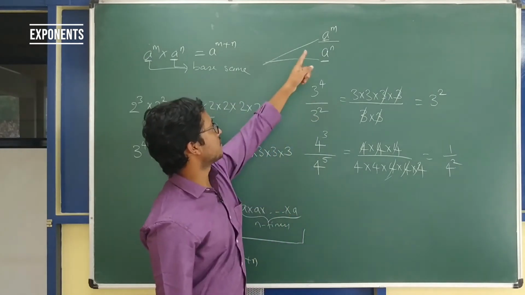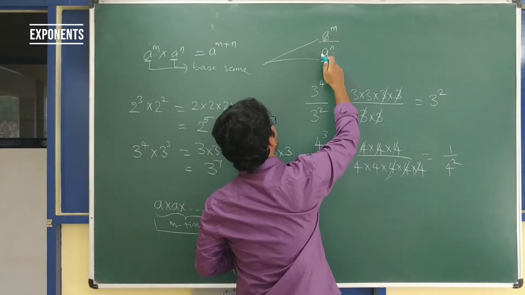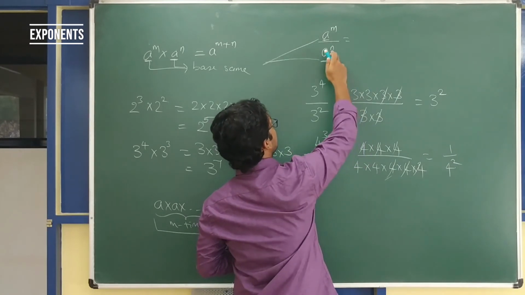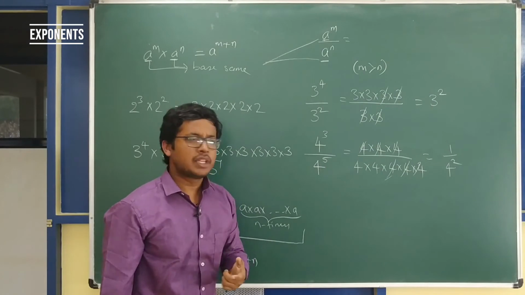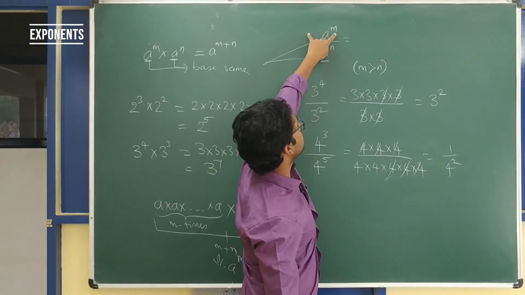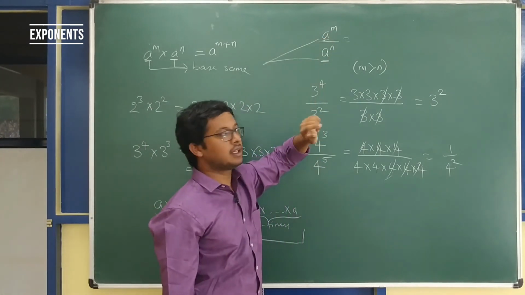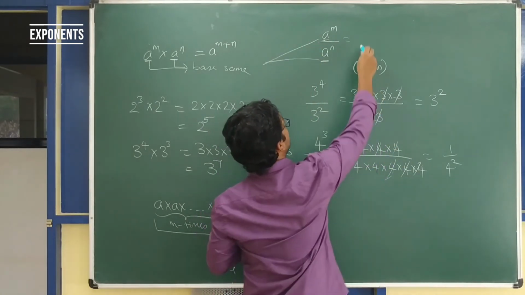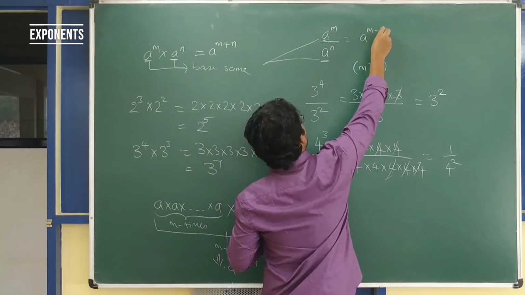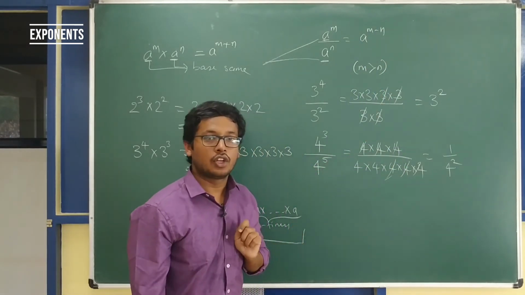So let's generalize this one. If I have to generalize a raised to m divided by a raised to n, there are two cases here. One case is that m is greater than n, which means there are more a's in the numerator than the denominator. Therefore n a's in the numerator get cancelled, and m minus n a's remain in the numerator.